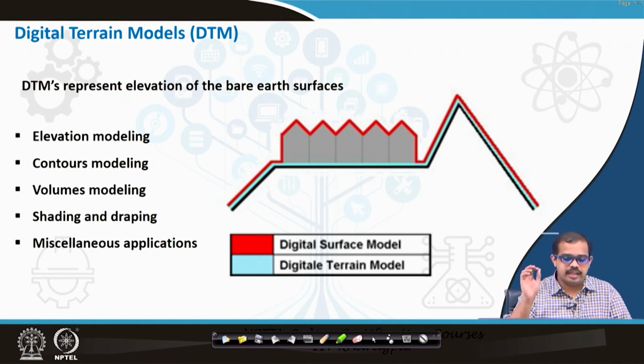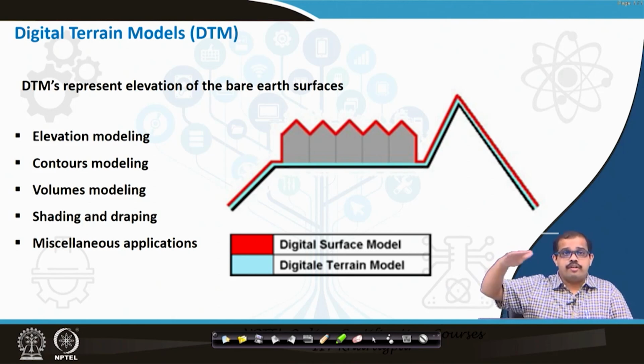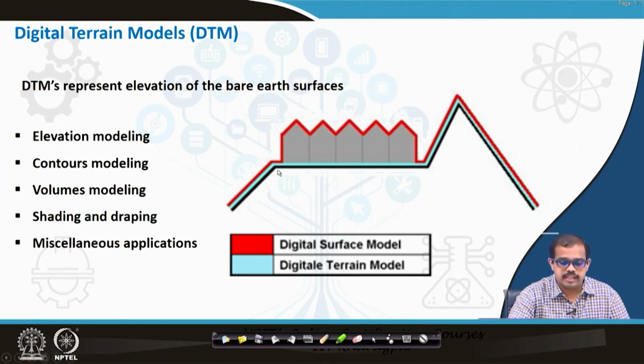When I look at the DTM, the digital terrain model, it is only the surface of the earth that is measured in this model. For the digital surface model, let us say this is the surface of the earth that is being mentioned here. So, this is a valley, this is a hill and this is a plain area.